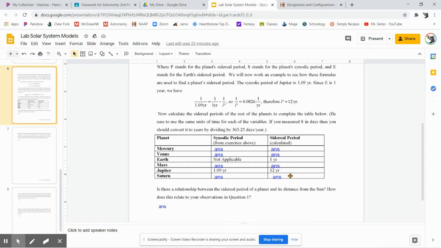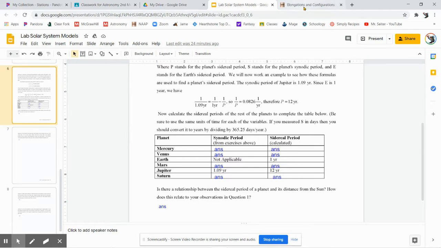I'm flipping right now through my lab. 117.6 days, that's what I have as days.